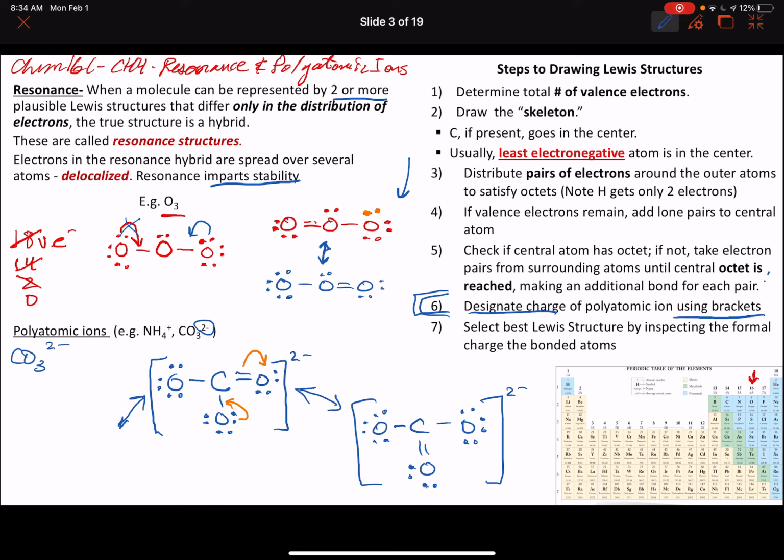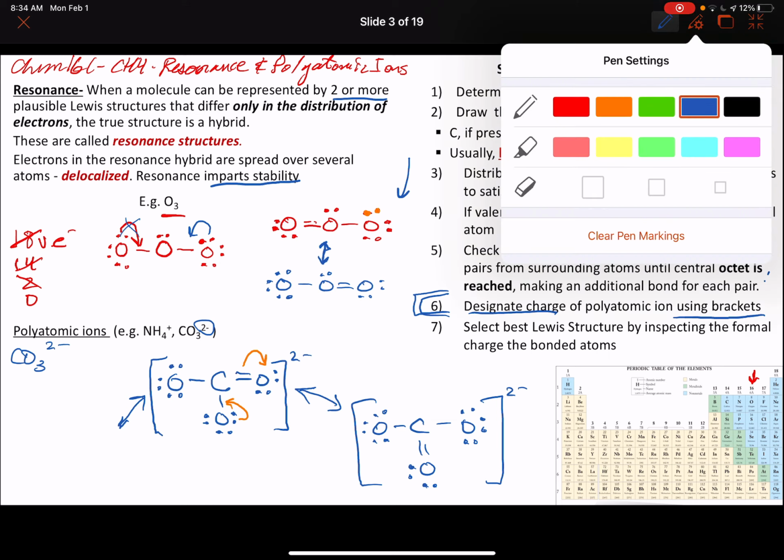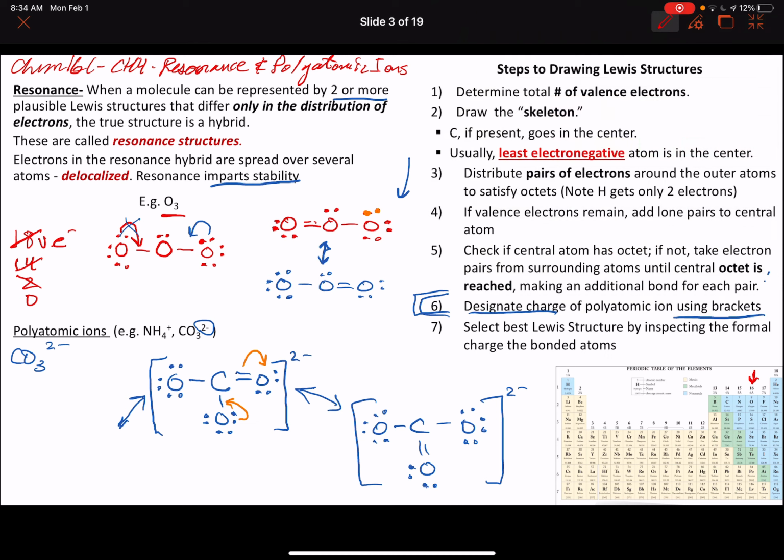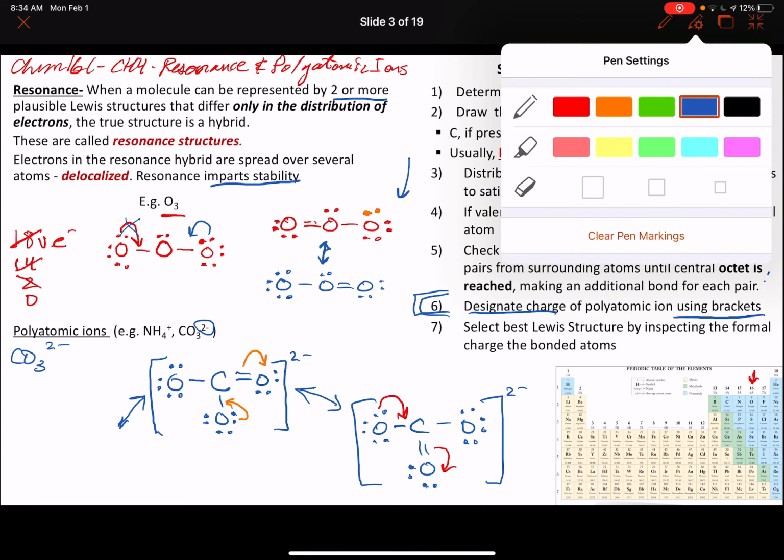Okay, as you might expect, we could also push a double bond out onto the right position. So we can imagine this giving us a double bond. We need to do something on that carbon, otherwise it has too many electrons, and so we'll do this to give us our last and final Lewis structure.